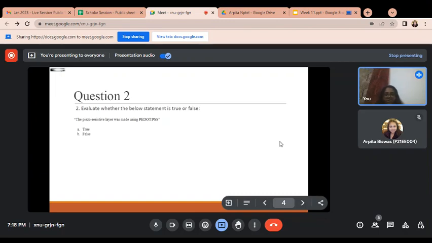You can go through it carefully. The statement is: the piezo-resistive layer was made using PEDOT:PSS. The right option is true. The statement is true.